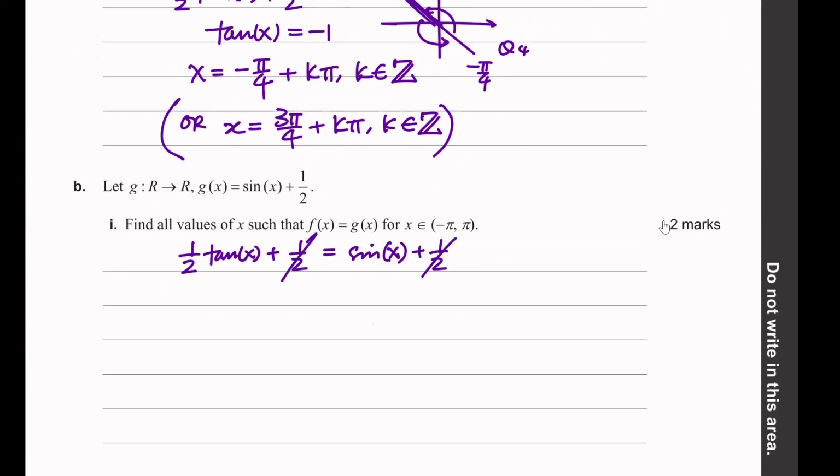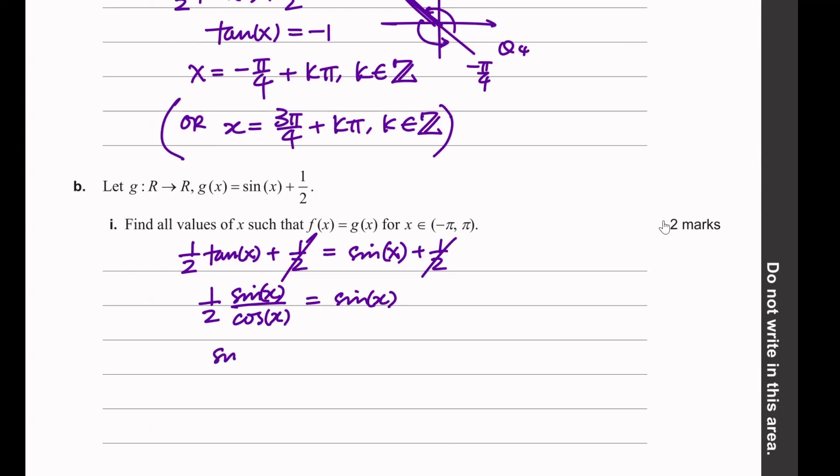Just cancel them out. Half sine of x divided by cosine of x equals sine x. It is so tempting to divide everything by sine x, but don't do that because what if you divide everything by 0? That's meaningless. And in fact, this sine x term may well be 0.